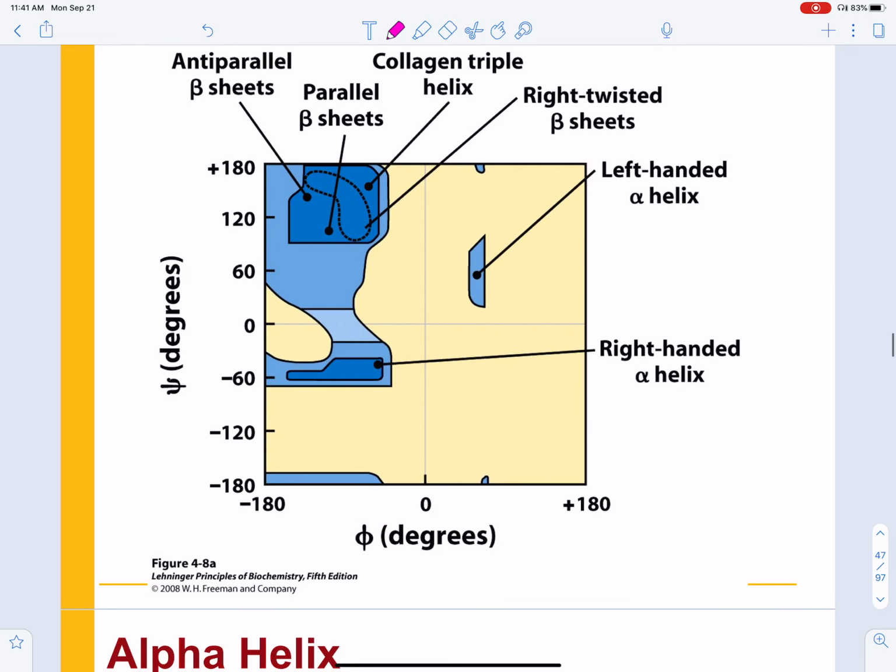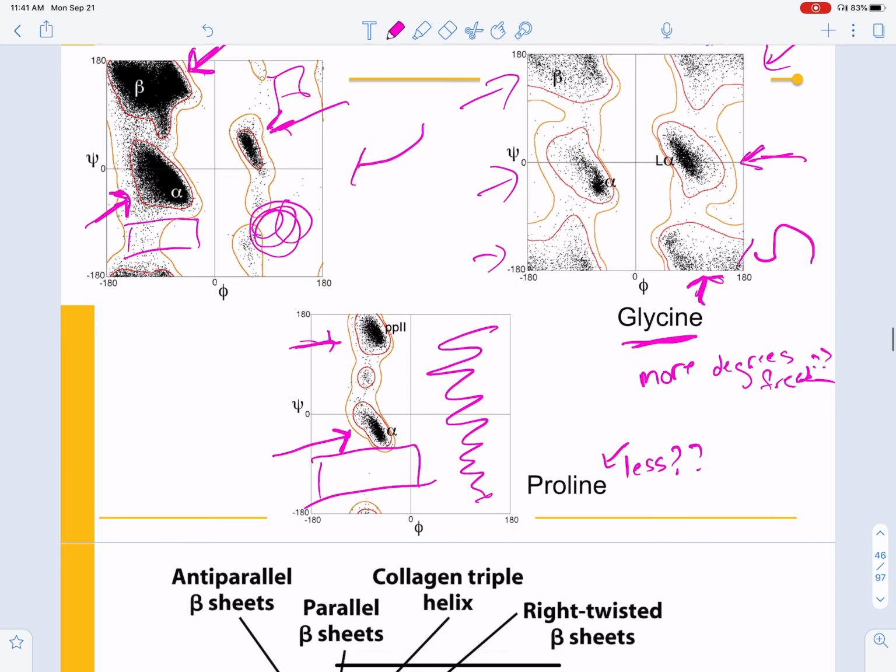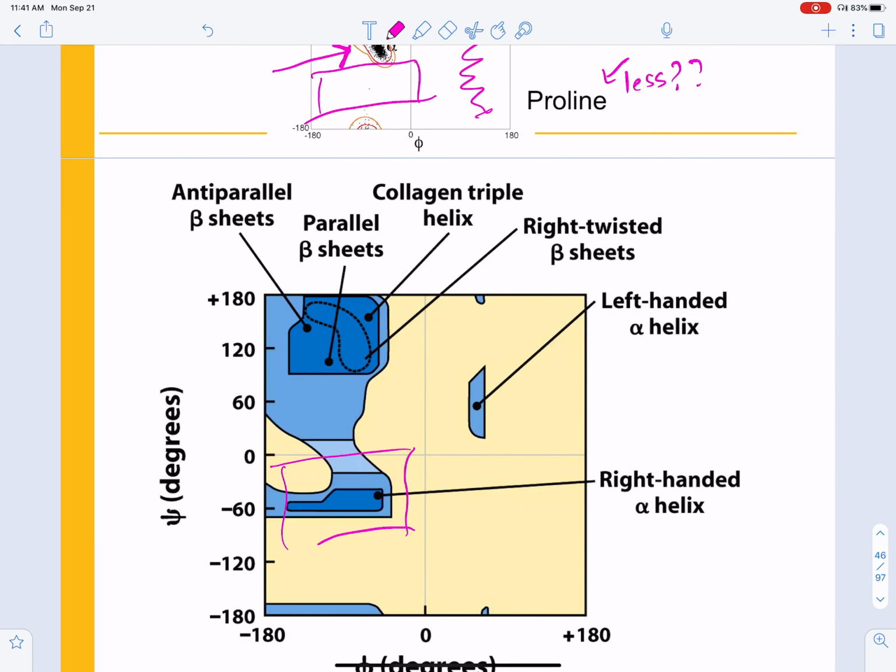So, when we're looking at this Rama plot, I said that there are some areas that are preferred, and it turns out that this area, which we see right here, corresponds to the angles of phi and psi that correspond with a right-handed alpha helix.